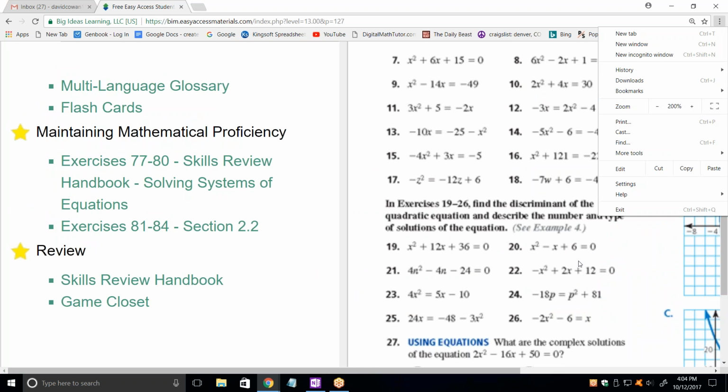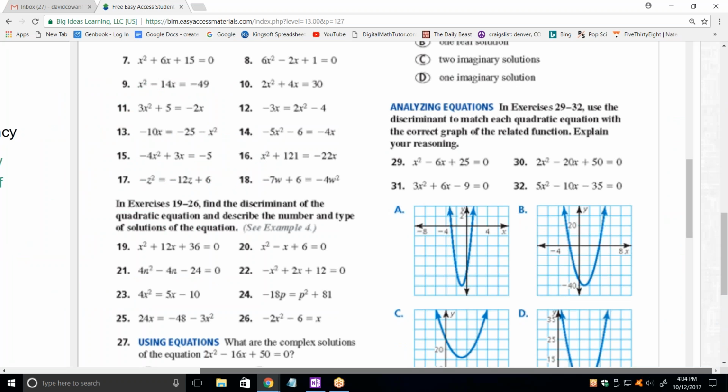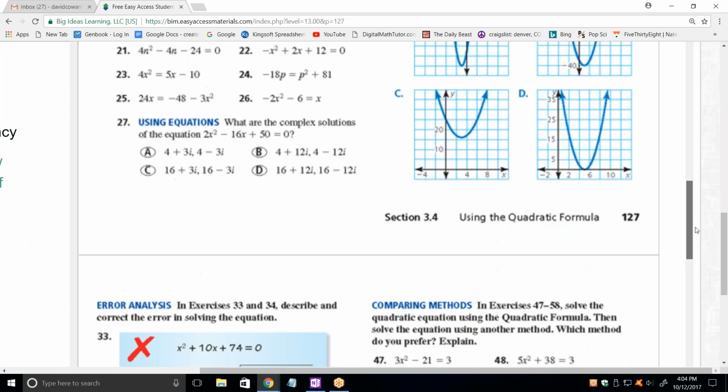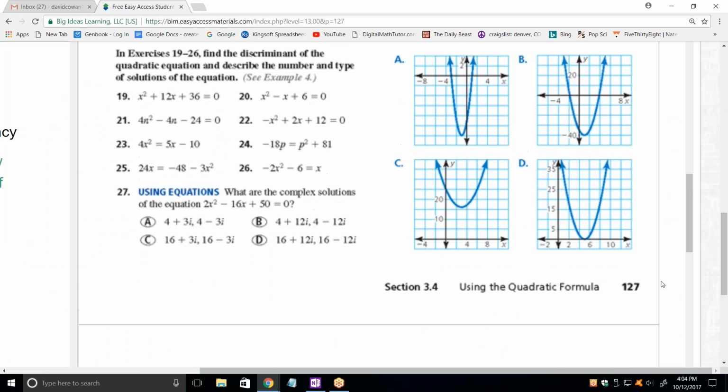Okay. Let me make sure I get the instructions in there. Find the discriminant of the quadratic and describe the number and type of solutions.